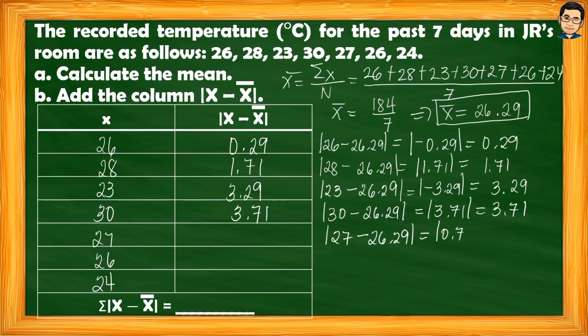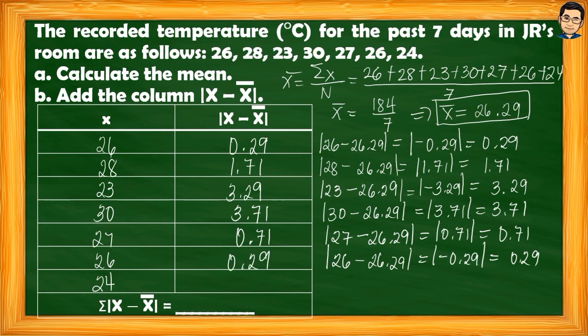So, the absolute value of 0.71 is 0.71. Okay. Next. Again, yung nakuha natin na 26, 26 pa rin siya. So, kamukha lang siya ng solusyon nung pinakauna. So, ang sagot doon is negative 0.29. So, absolute value, 0.29.